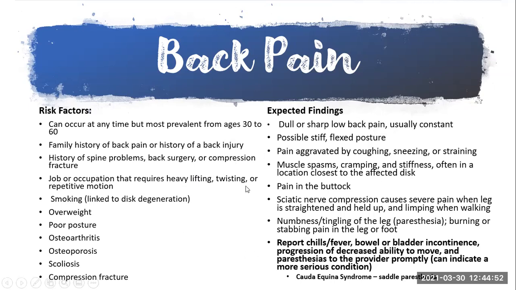So expected findings would be a dull or sharp, whatever, back pain. They may be stiff, decreased range of motion. Pain may be aggravated depending on what level the injury is at or the inflammation.